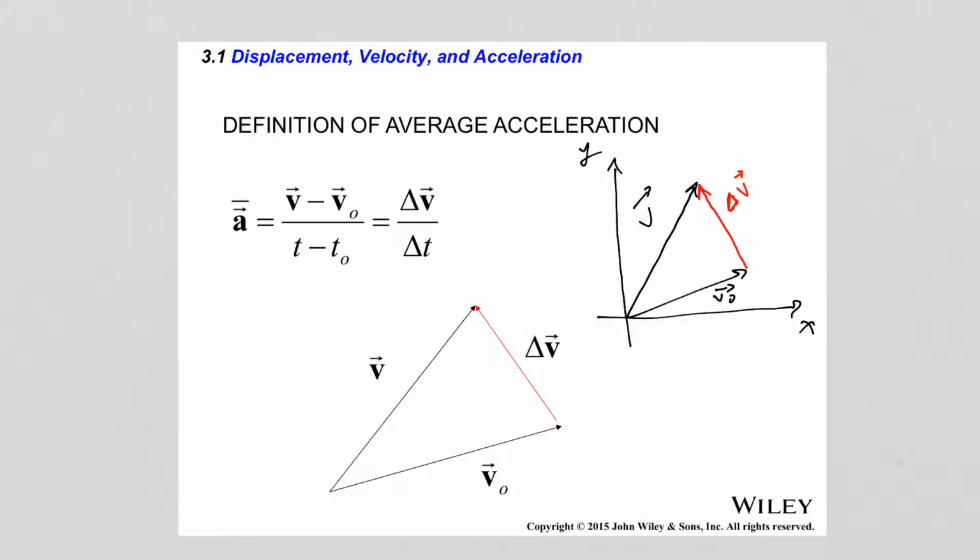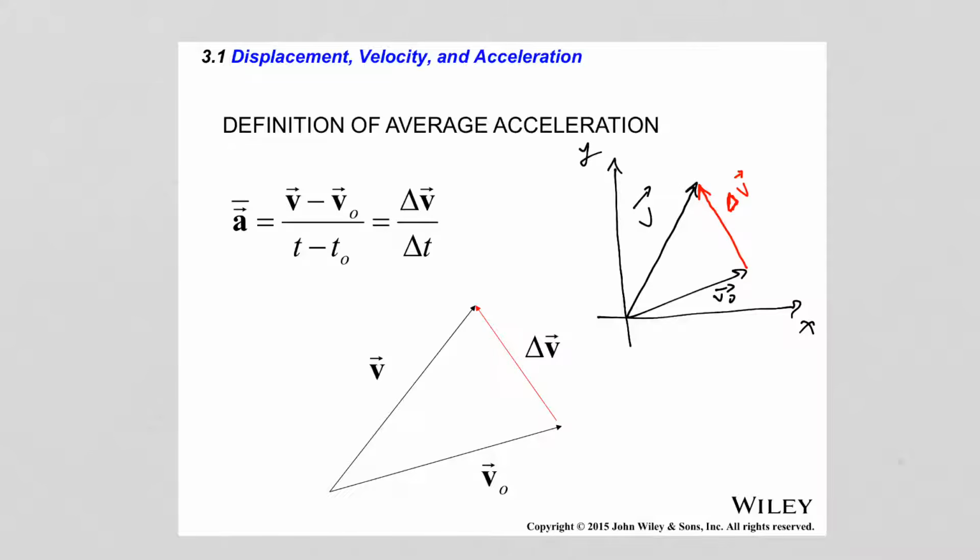And as a result, the change in velocity is this vector, which then closes this triangle. This vector was calculated by using the standard rules of vector addition as the difference between v and v0.